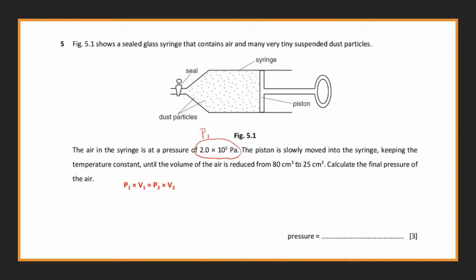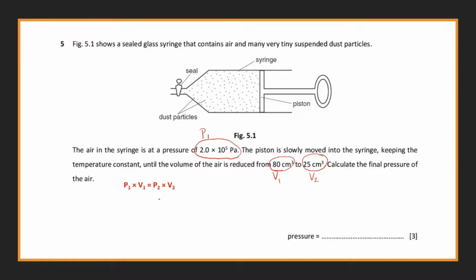So this is the initial volume, and this is the final volume. The initial volume, 80 cm³, is V1, while the final volume, 25 cm³, is V2. And the one that we have to calculate is the final pressure, that is P2.